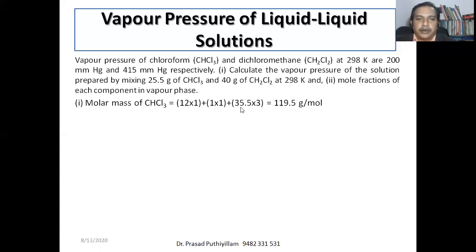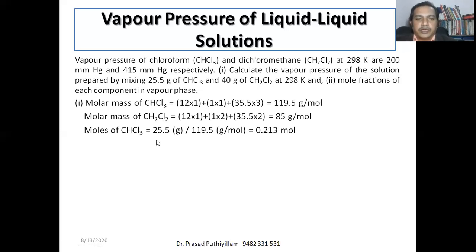Multiplying and adding these values, we get 119.5 gram per mole. Similarly, that of dichloromethane will be 12 into 1, hydrogen 1 into 2, and 35.5 into 2. Totally we get 85 gram per mole.